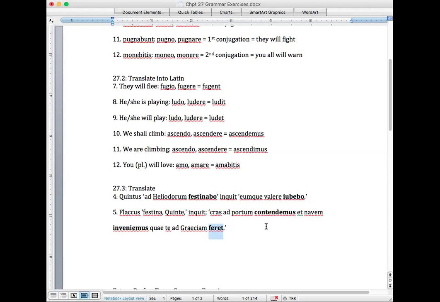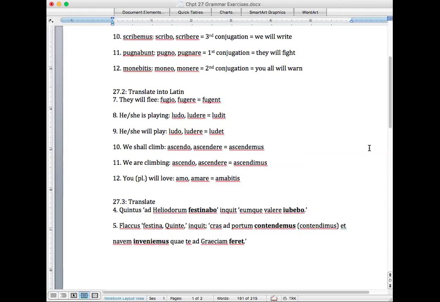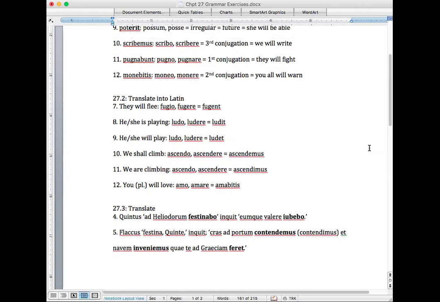But remember that the present for this verb would be with an I. Tandemus. And maybe that will help you a little bit if you're seeing these E's a lot. You know that's going to be future. Context will help you a lot.